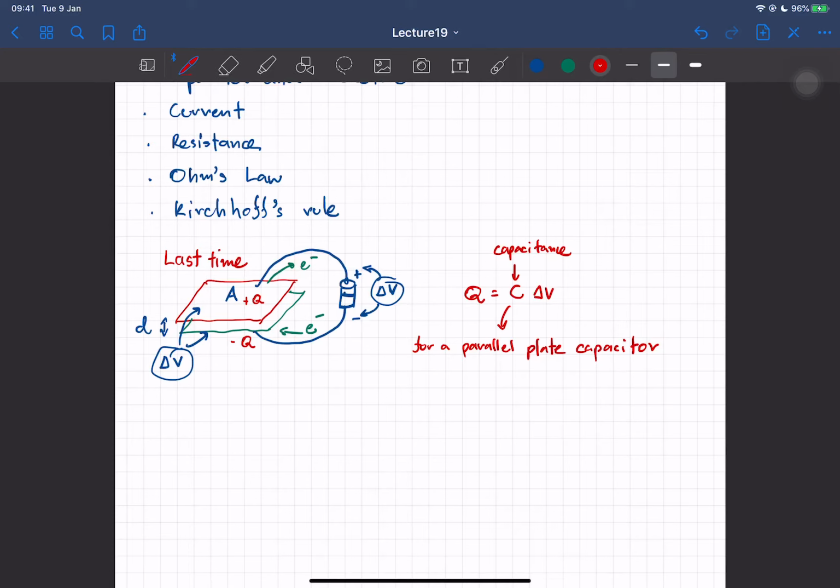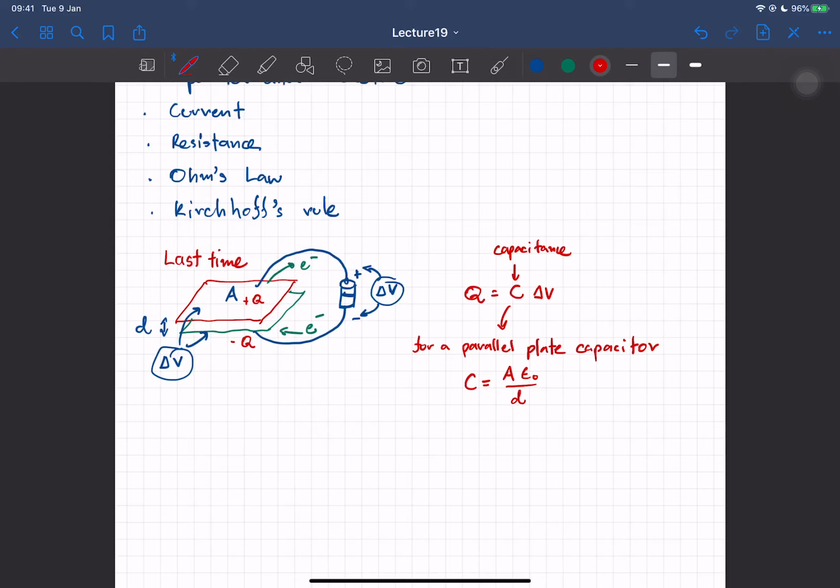Okay, so for a parallel plate capacitor, C is given by A, the area of the plate, times epsilon 0, the permittivity, a constant, so it's just a number, divided by D, which is the distance between the two plates. Okay, so if you have a larger plate, larger area of capacitor, you have more capacitance. Or if you have the same area but you move the two plates closer to each other, as close as you can but not touching, then you are also going to have larger capacitance for that capacitor.